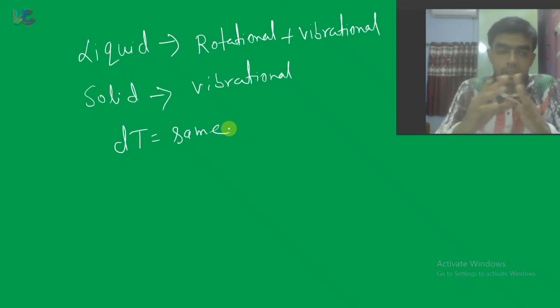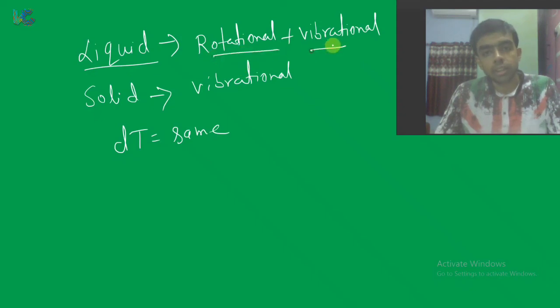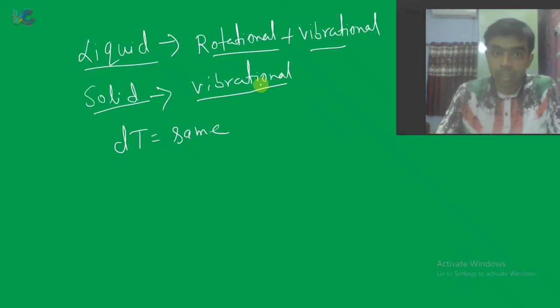That is the question. In liquid, the heat taken by the system is distributed in two parts: rotational degrees of freedom and vibrational degrees of freedom. And in case of solid, the heat taken by the solid is distributed only to vibrational degrees of freedom.